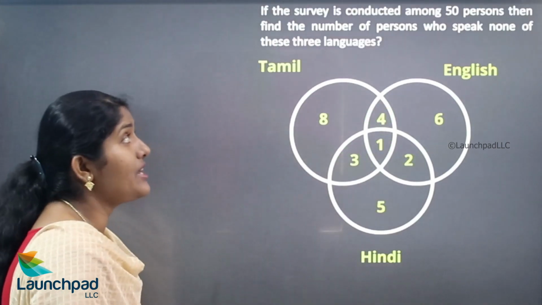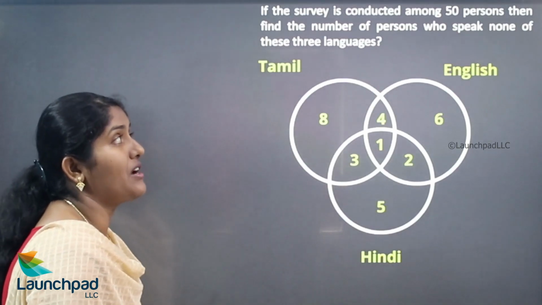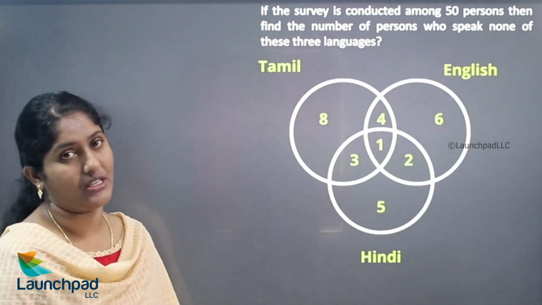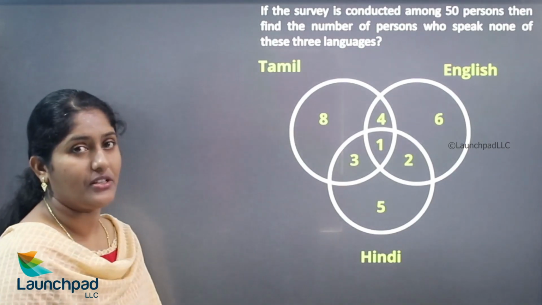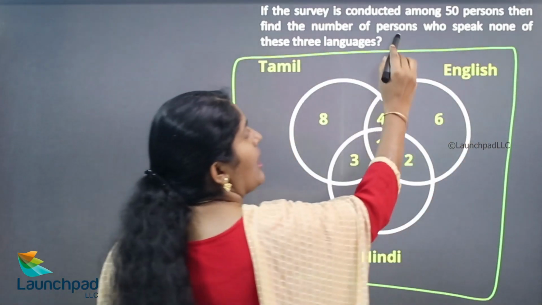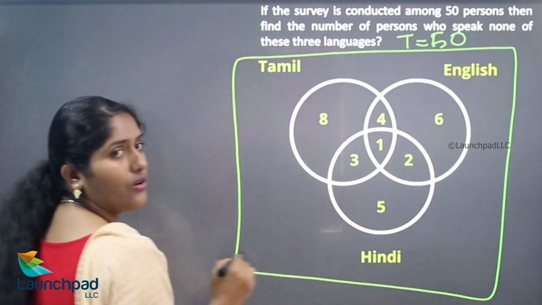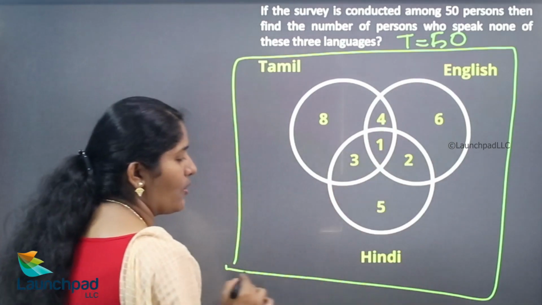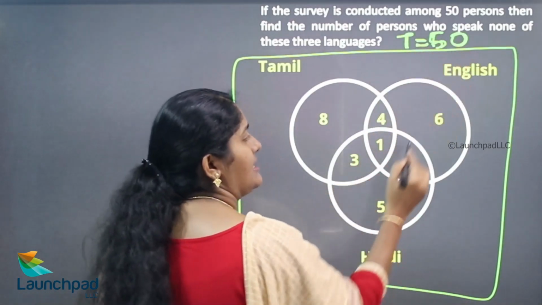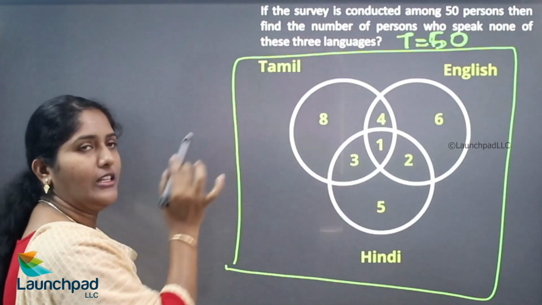If the survey is conducted among 50 persons, find the number of persons who speak none of these three languages. Here there are 50 persons in total. Whenever you have the total value, you can draw a box diagram. The total value should be written here. The value inside the box should not be greater or smaller than the total value.